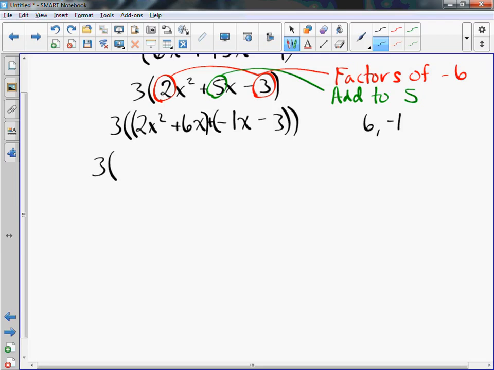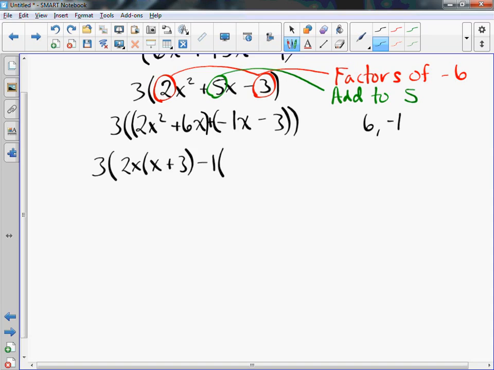What can I take out of the first group? 2x squared plus 6x. I can take a 2x out, which leaves me with x plus 3. The second group, I have a -x, or a -1x, and a -3. So I can take a -1 out. Always want to pull that negative out if it's on the first term in your binomial.